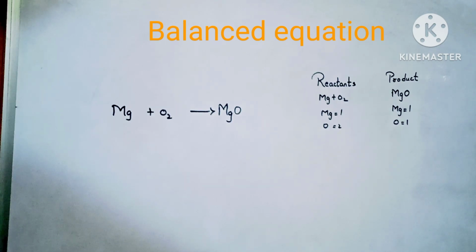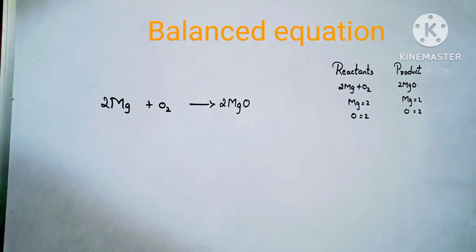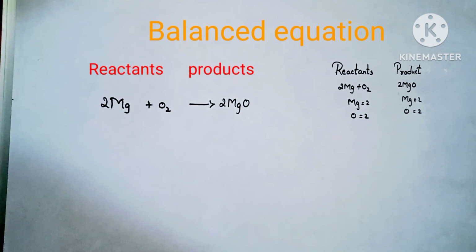Let us see another example which is balanced. Here you can see the balanced equation: 2Mg plus O2 gives rise to 2MgO. You can see the atoms in the reactant and product are equal. Hence we can say it is a balanced equation.